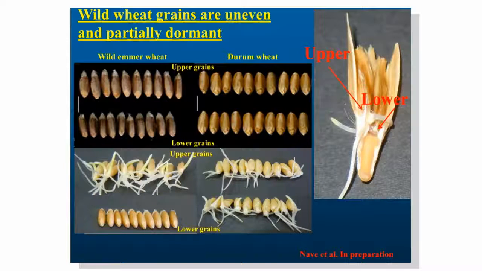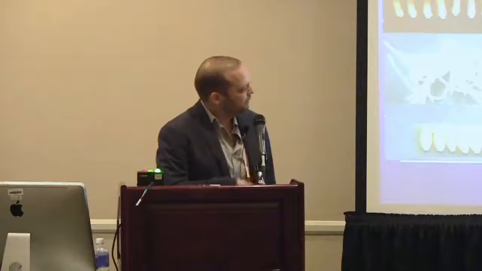And what is nice about it is that the upper grains germinate readily in wild emmer wheat, while the lower grains show seed dormancy. This is a known biological mechanism of wild species, which keep part of their seeds as a gene bank in case a catastrophe happens.